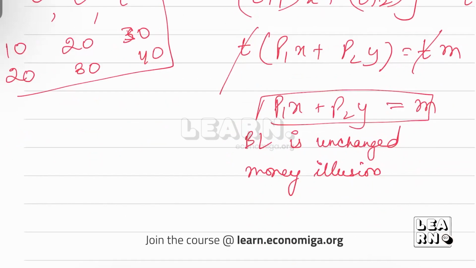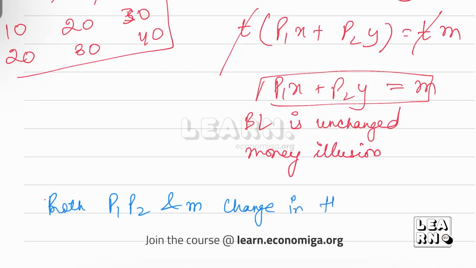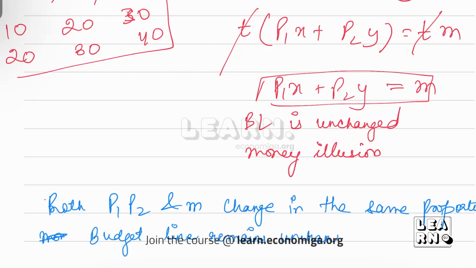In this case, if P1, P2 and M change in the same proportion, your budget line remains unchanged, right? So no changes here.